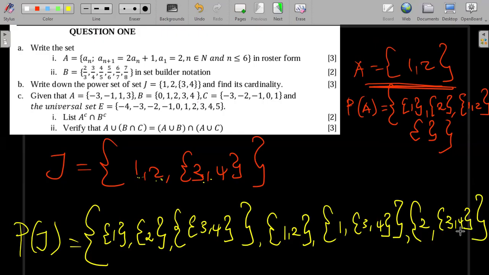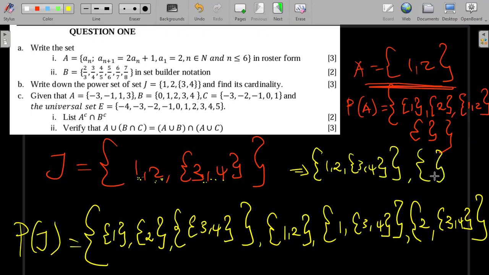Okay, so I don't have space there, but I can continue from there. Okay, so I've written this alone, this alone, this alone, and this combined with this, combined with this. So what is remaining is the set itself. Okay, the set itself to just be 1, 2, and then I have 3, 4 there, like that. Okay, and then the last one will just be the empty set.